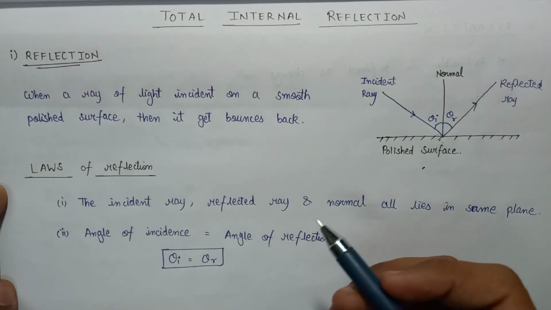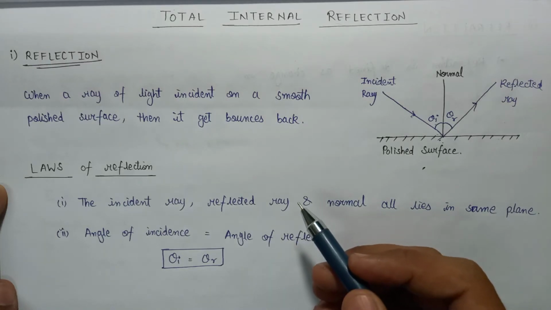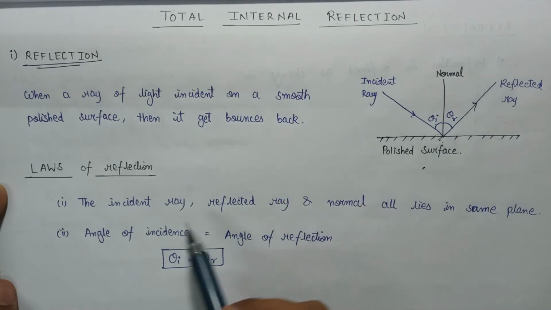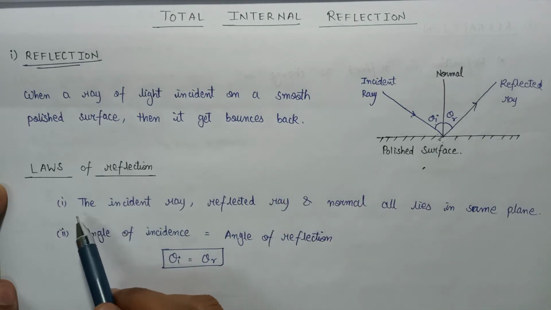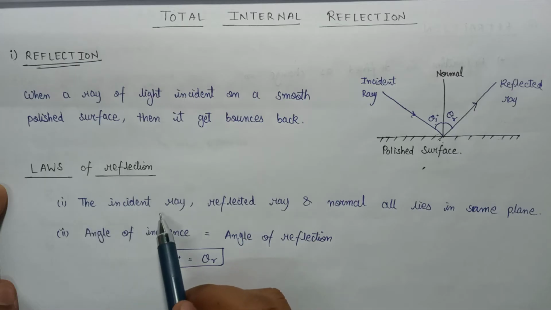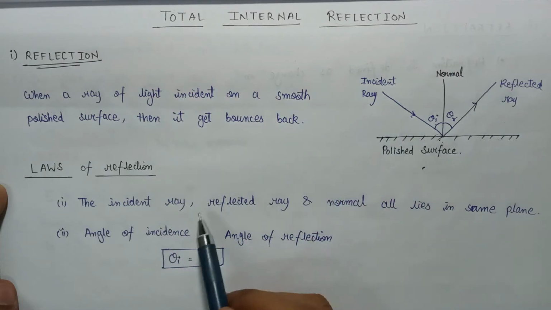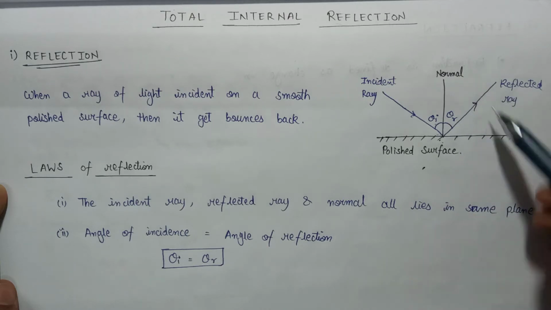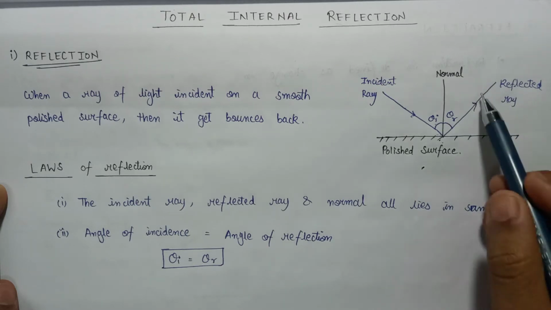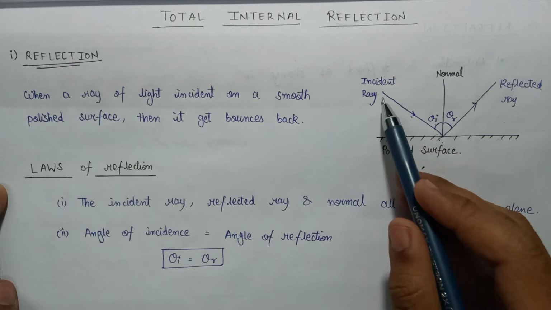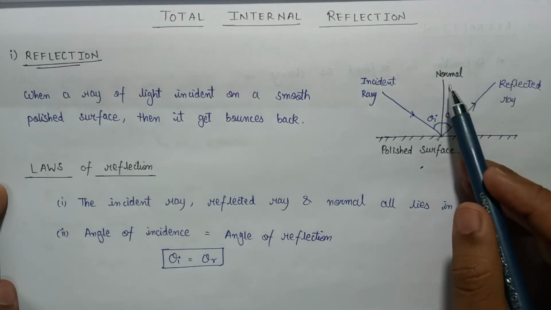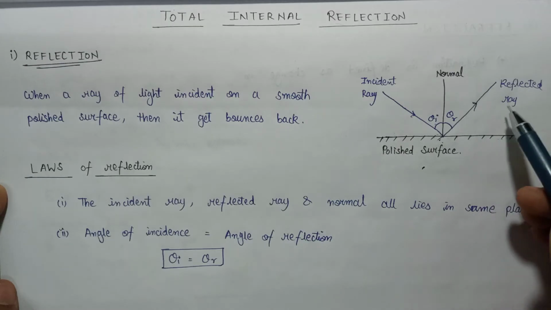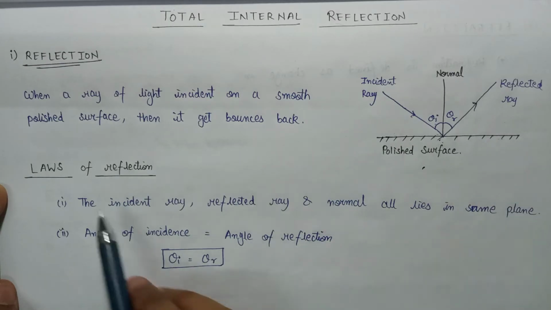Now let us have a look at the laws of reflection. Basically there are two laws of reflection. The first law says that the incident ray, the reflected ray, and the normal all lie in the same plane, as you see in this diagram. So it follows the first law of reflection.